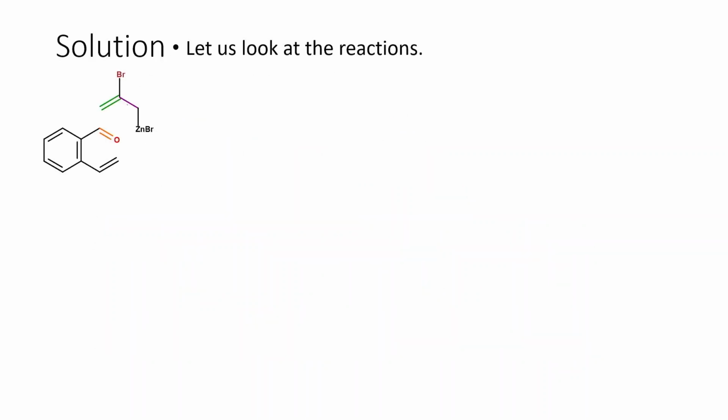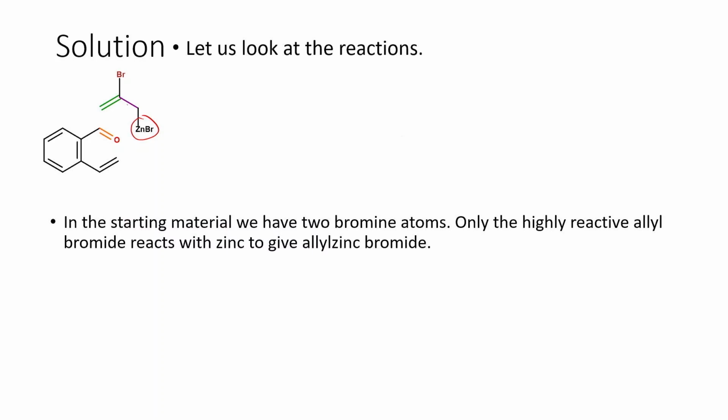So how the reaction actually proceeds is, basically we have an aldehydic group, and the zinc actually adds to the allylic position of the bromide derivative. So this is the first step that actually happens. Since we have two bromine atoms, the reaction actually occurs only on the allylic bromine and not on the vinylic bromine.